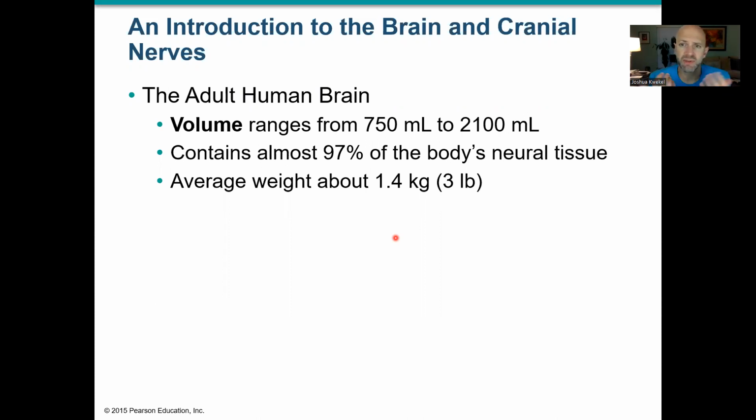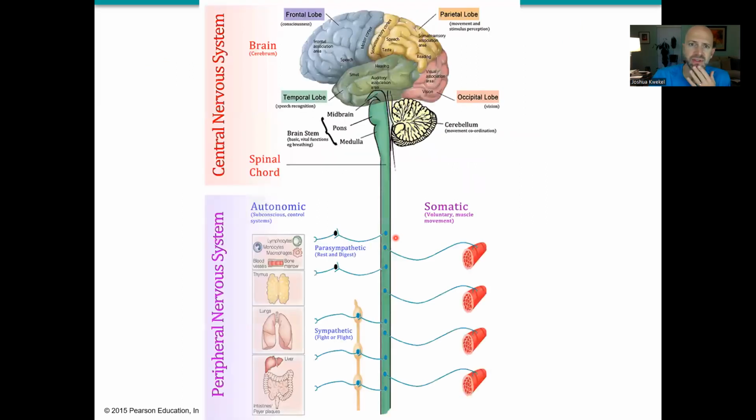It contains most of our body's neural tissue. Of course, the spinal cord and the nerves have quite a bit, but there is a lot of neural tissue just compacted inside the brain. All the interconnectivity of mostly interneurons is collected in the brain. 97% of all neural tissue is in the brain. It weighs about 3 pounds on average.